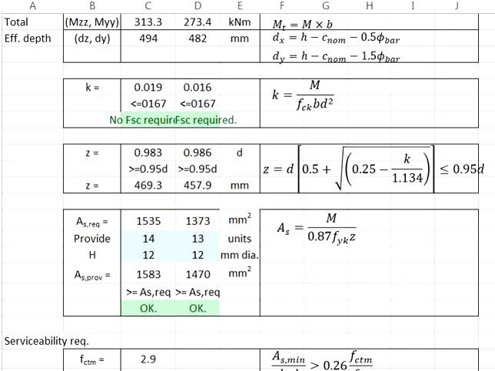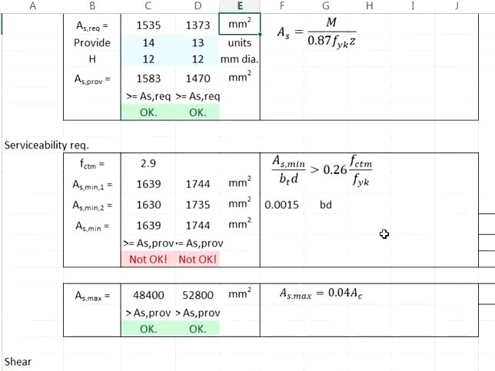Therefore, as far as the moment is concerned, this proposed amount of reinforcement bar is adequate for both the major and the minor axis. Then, don't forget to check the As maximum and As minimum.